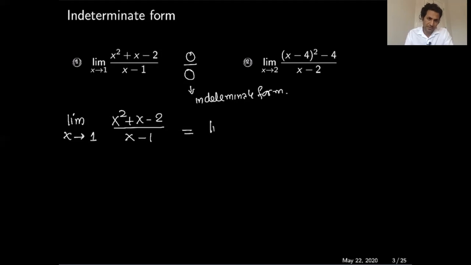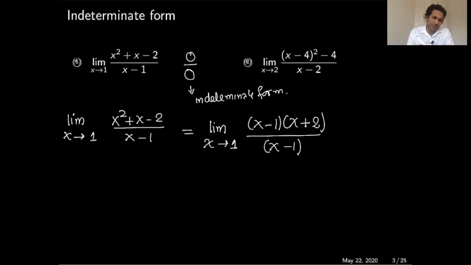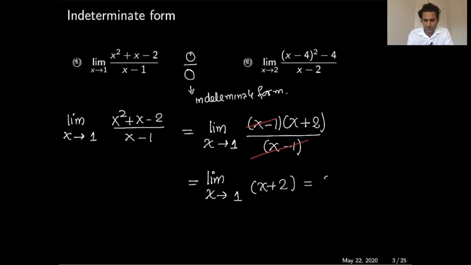If I factor the top, I will get x minus 1 and x plus 2, and the bottom is already factored, which is x minus 1, and you see there is going to be a cancellation. If I cancel that, I will get the limit as x approaches 1 of x plus 2, which is equal to 3.